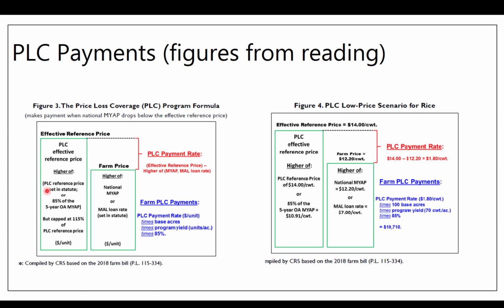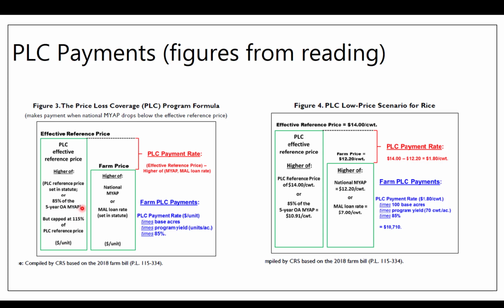But it could be that the price that was set by Congress when they were writing the law isn't high enough, and so the protected price is actually going to be something different, and in fact it's going to be based on a moving average of the marketing year price. And so this stands for 5-year Olympic average marketing year average price.